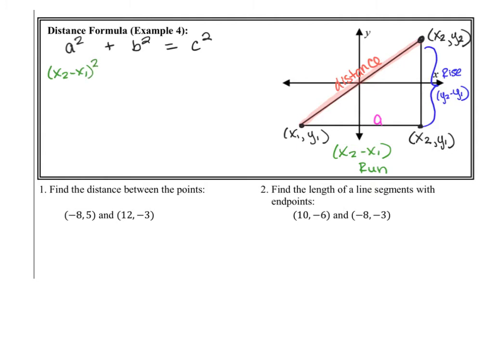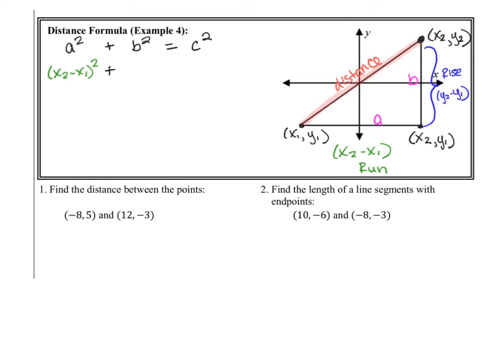My B term would normally come from this side. Because I don't have the coordinate plane here to count the boxes to figure out the length of B, this formula would help me find the length of B. So we're going to substitute this expression in for B in the Pythagorean theorem.